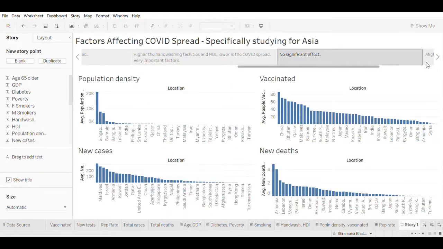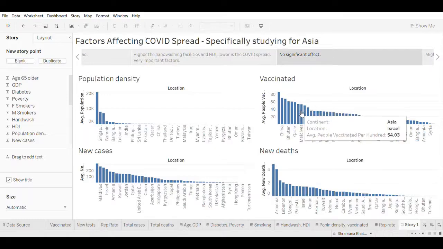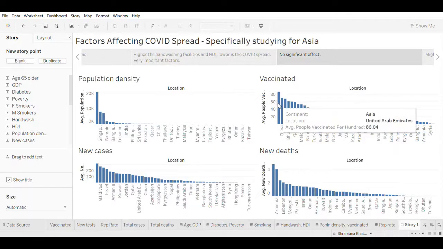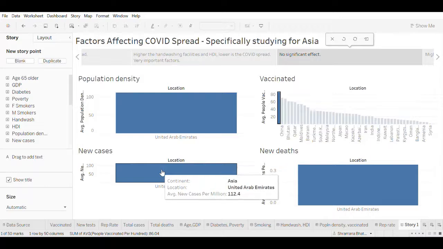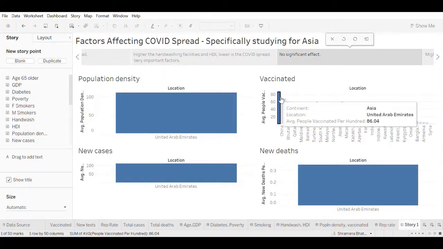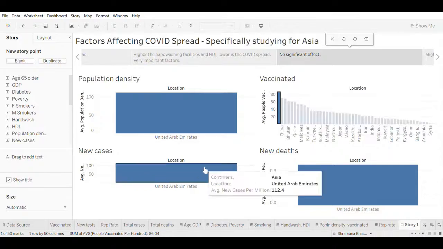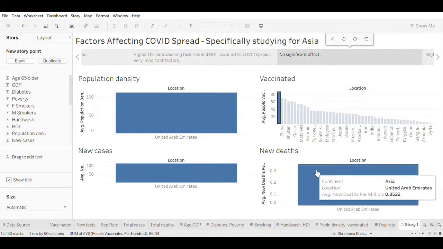Population density and vaccination, obviously if you have more people vaccinated, you are supposed to have less new cases, but from the data we could not find much. What is this? This is United Arab Emirates with highest vaccination. Average people vaccinated, okay, per 100, but you can see cases are also on the higher side. Not much effect. Deaths are there.